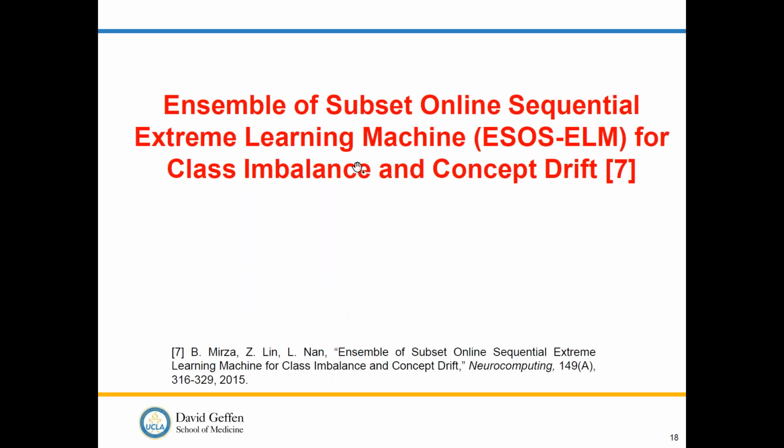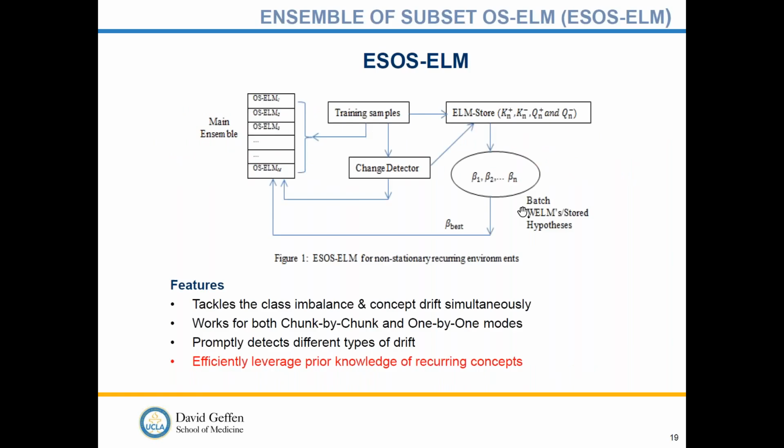Okay, so the next method that I'm going to discuss is ESOS-ELM, which not only tackles the class imbalance problem but also the concept drift problem, which is the non-stationary problem. In this method, we have a main ensemble which takes care of the class imbalance problem.